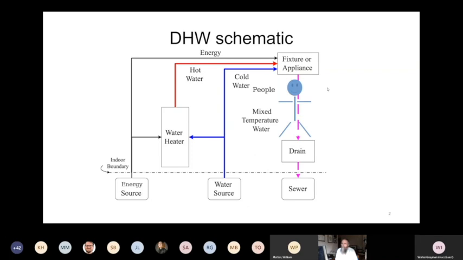So the people use a fixture or an appliance: a shower, a sink, a dishwasher, a clothes washer, whatever, a bathtub. The fixture pulls in hot and maybe cold water and maybe energy, and then the hot water is pulled out of the water heater, so you've got to factor that in if you're doing energy calculations. And after the water is used, it goes down the drain and off the property boundary. So next slide.